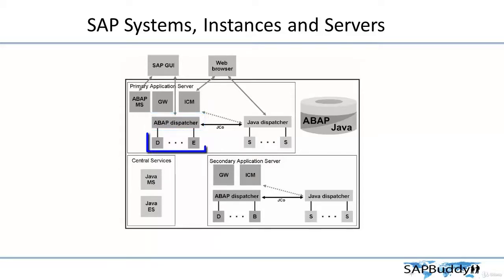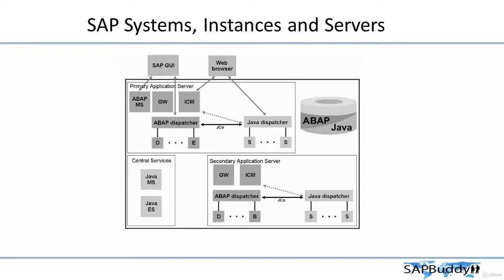As well as we have the ABAP work processes, which are basically used to execute the ABAP coding. We have the message server, which is used for exchanging messages. This message server can also perform load balancing in the SAP system.